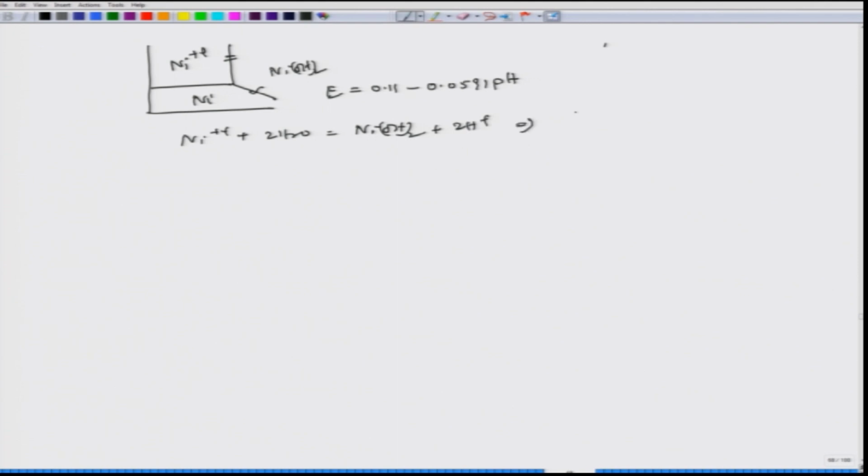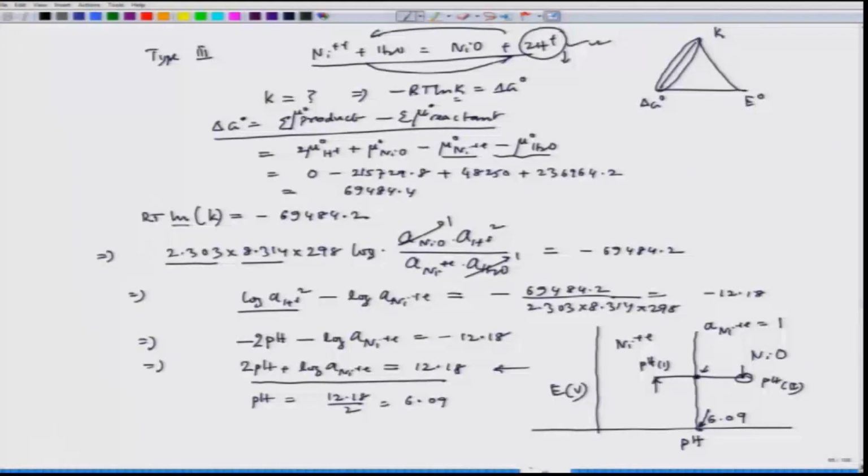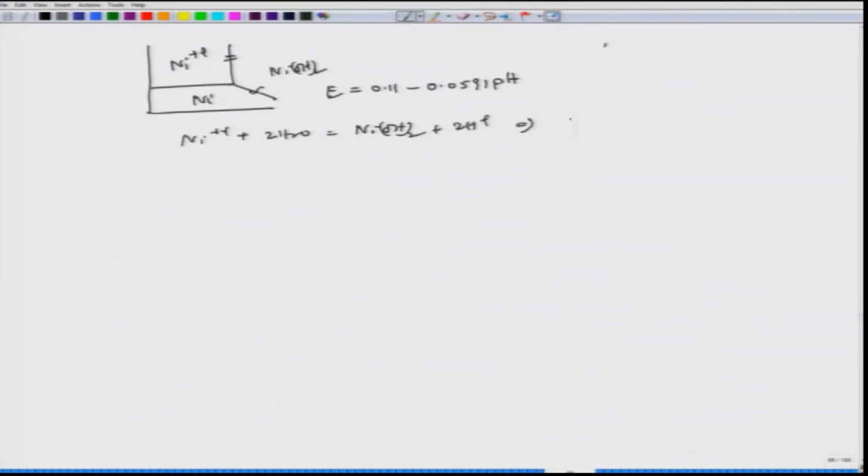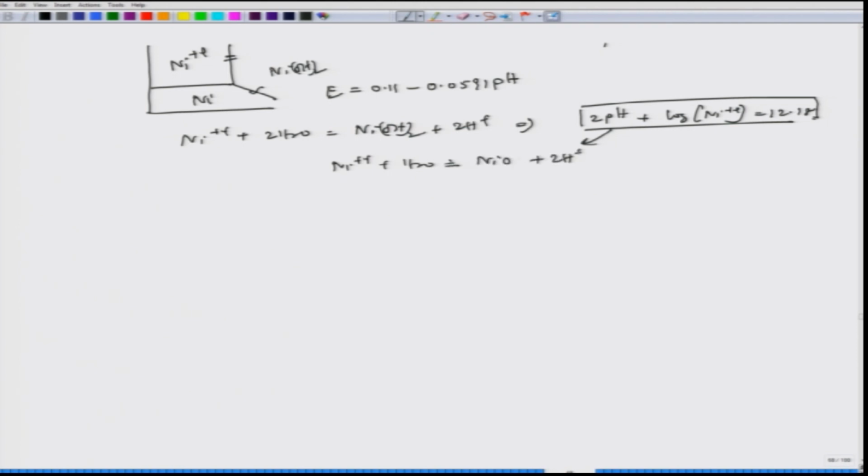It will give you the same equations. Let us get back to the equation. You will get the same equation like this, minus 2 pH plus log a Ni plus plus. You will get the same equation that we got for this reaction.